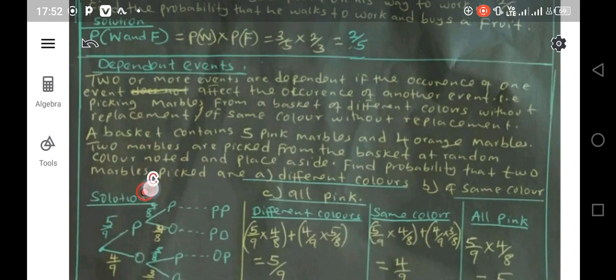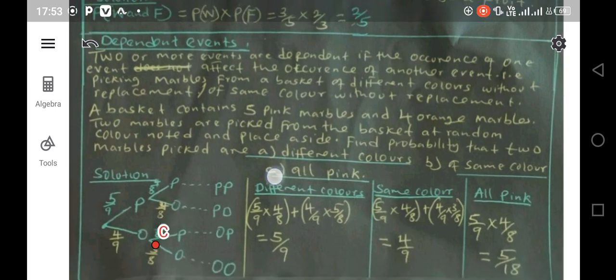First picking. What about the second picking? Because the question said 2 marbles are picked from the basket at random, colors noted down, without replacement. For the second picking, whenever you pick the second pink marble, it's going to be 5 minus 1, 4 over 8 here. Whenever you add the fractions of this branch, they must give you 1. So 1 minus 4 over 8 gives 4 over 8 on that other side.